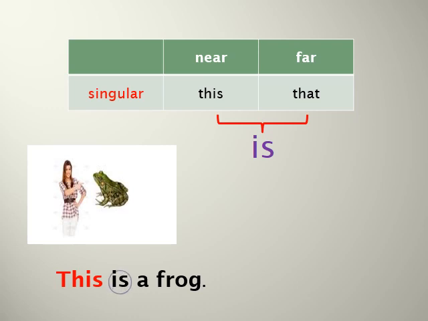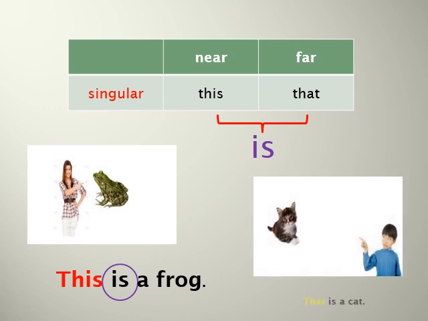Why do we use is here? Because there is only one frog. The frog is close to hand. That is a cat. Here again we use is because there is only one cat. And it is far from the hand. So that's why we use that.